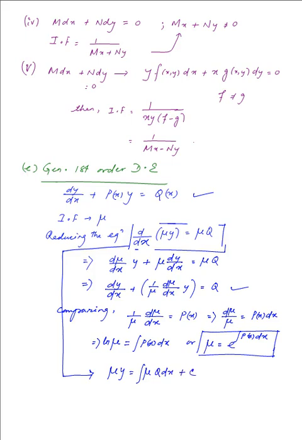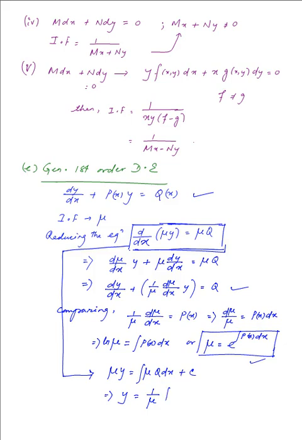And finally, all this is possible because we now know the value of mu from this. Now from this we finally have the solution for y, that is y is equal to 1 by mu. It's always the case of finding the solution for a given differential equation, and here we have it.